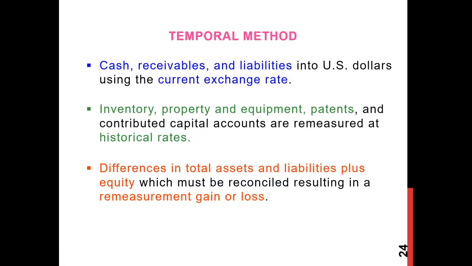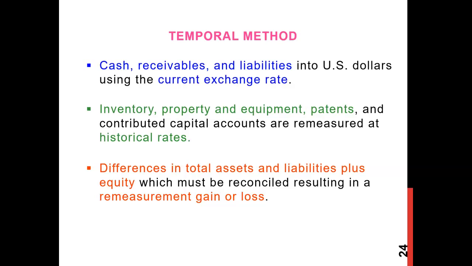This is also a reminder of the temporal method's key items. For liquid items or current items, especially on the balance sheet side, cash, receivables, and even liabilities, we use the current rate. But for long-term items, especially plant, property, equipment, and inventory, we use the historical rates.